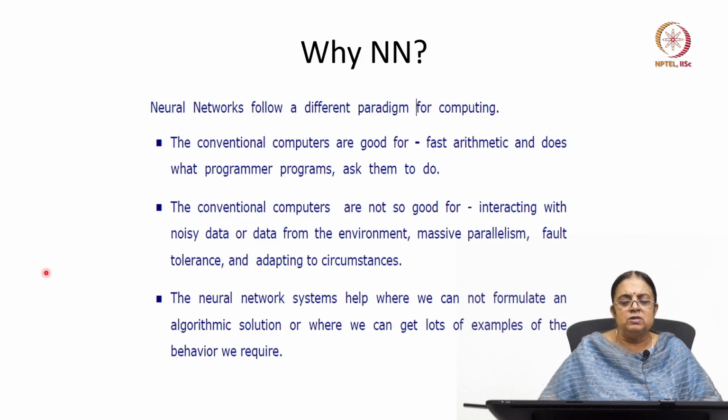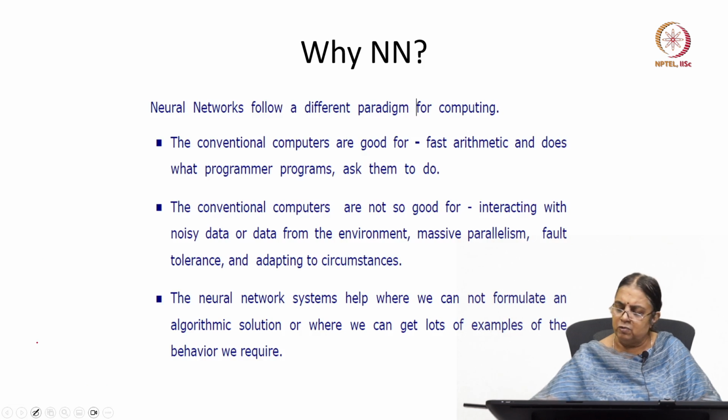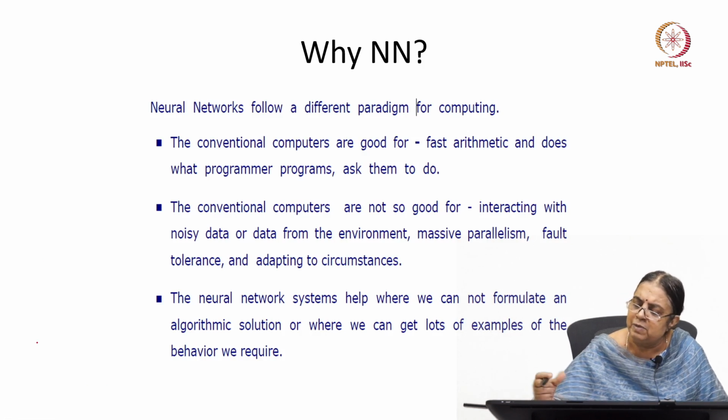So why would you use a neural network? Okay, the conventional computers are good for fast arithmetic and do what the programmer programs. The neural network system helps where we cannot formulate an algebraic solution. So mainly we'll be using it as something like a black box, basically, the neural network.